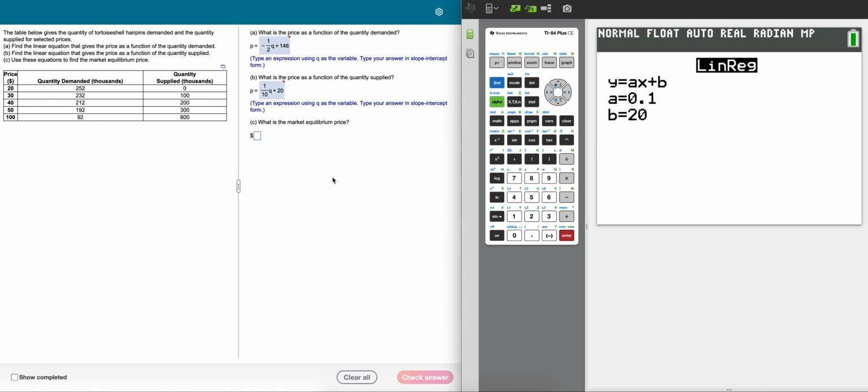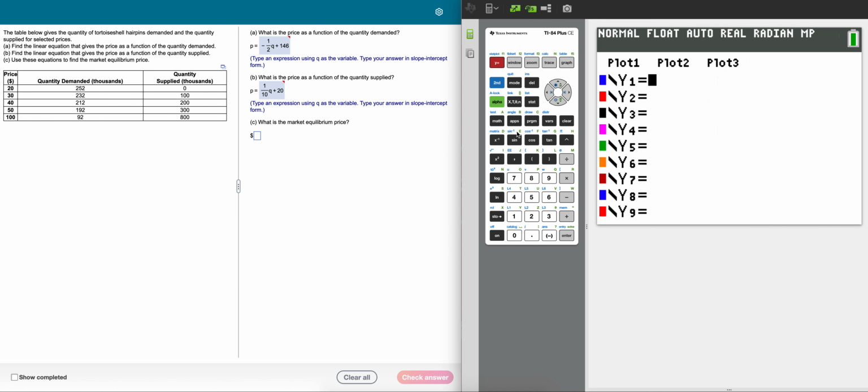Now, part C says, what is the market equilibrium price? Keep in mind, just keep it in the back of your mind that price is the Y value. So when we look at this on the graph, I'm going to be focusing in on the Y value. To find it, I'm going to go ahead and graph these two lines. So I'm going to go in my calculator to Y equals, and I'm going to enter in the first one.